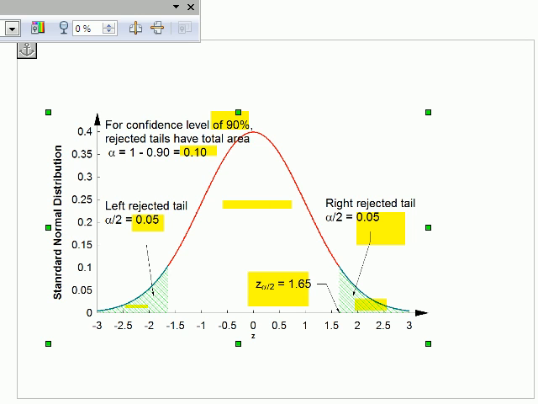You can do it in R or you can do it in tables, and you work backwards and find what value of Z will give this area of 0.05. Because of symmetry, whatever this is up here will be the same, just with a negative sign, because it's symmetric about 0. These are Z values.